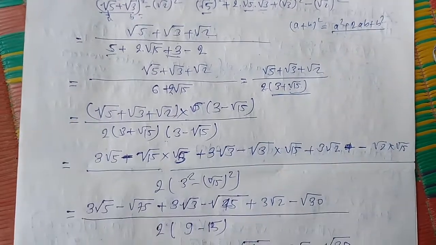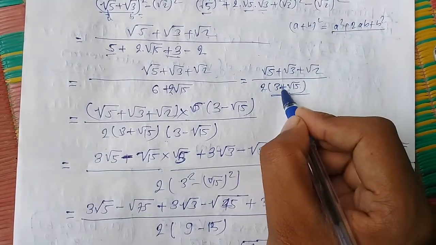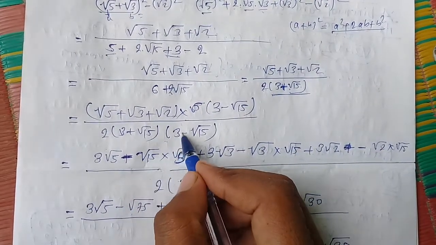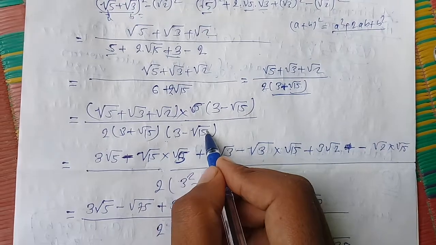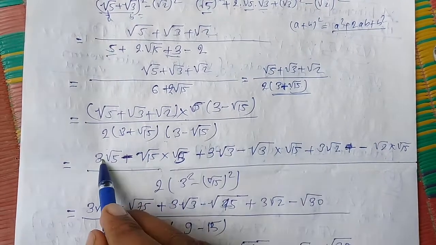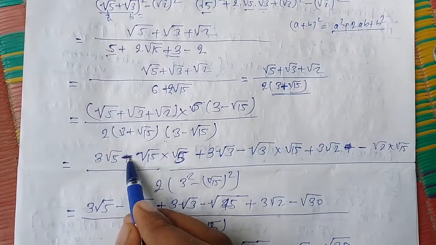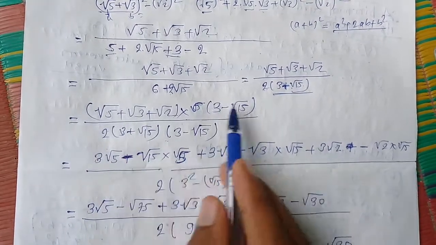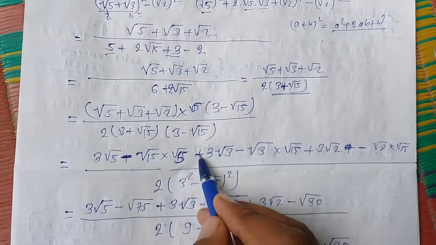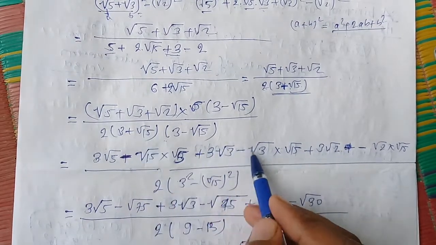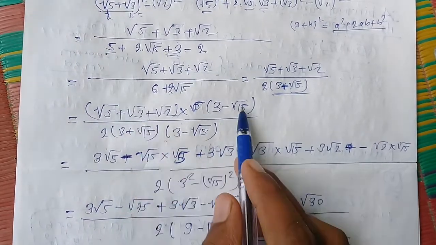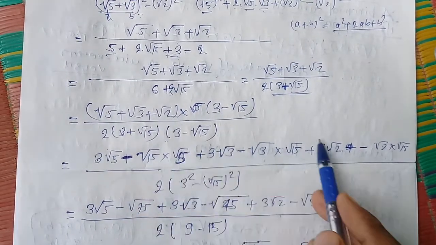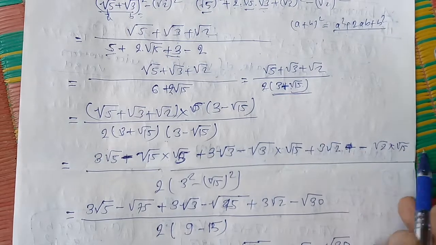So in this, here is plus, so we have to multiply with minus, the rationalizing factor 3 minus root 15. So multiply this and we will get 3 root 5 minus root 15, 3 root 5 minus 15 root 5 plus again root 3 minus root 3 into 15 plus 3 root 2 and minus 2 root 2 into root 15.